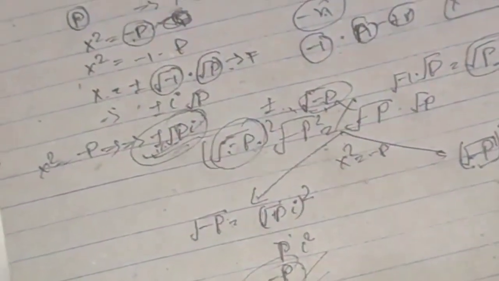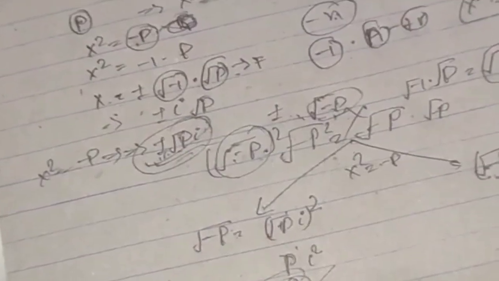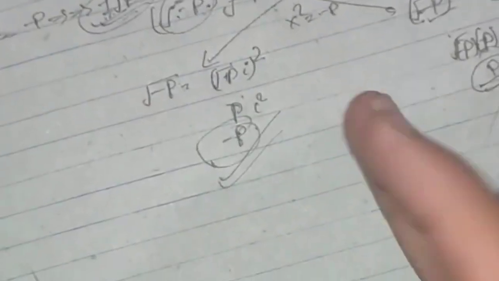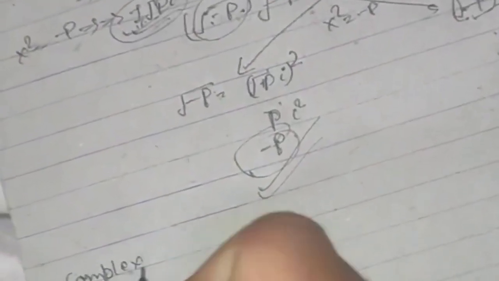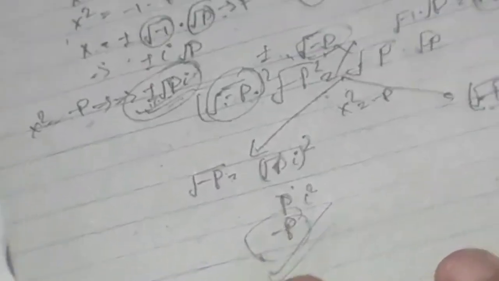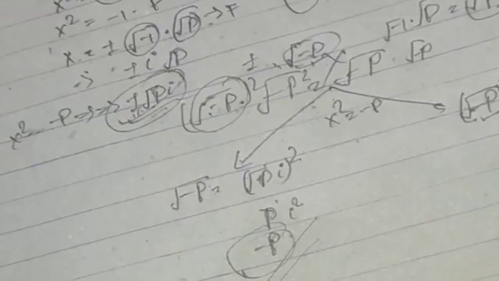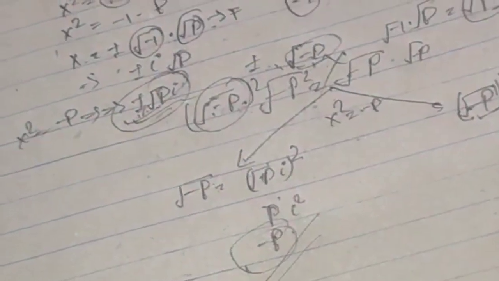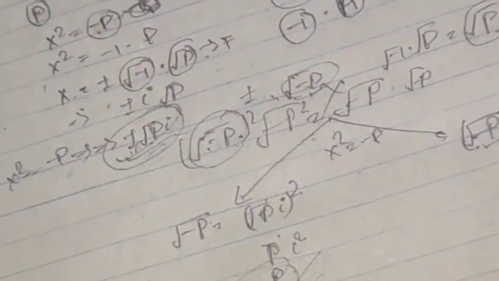Okay, now we talk about what a complex number is. This is the theory of iota sometimes. In this video, let's talk about complex numbers.